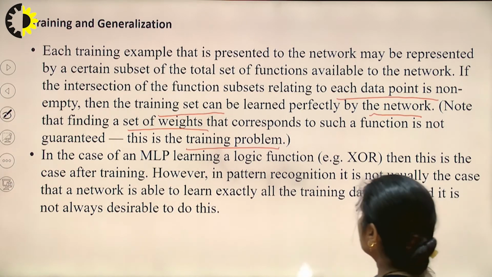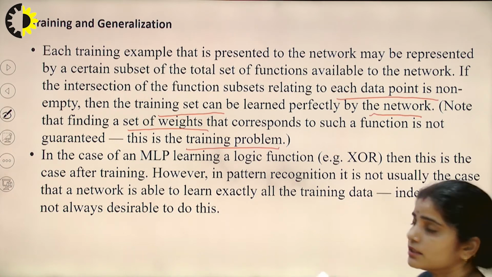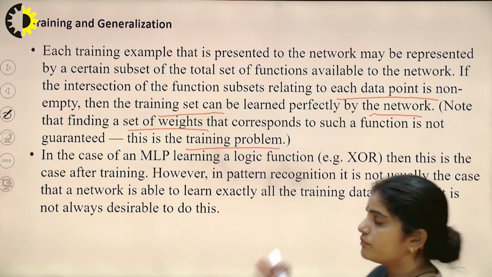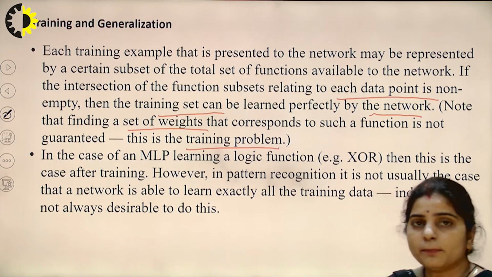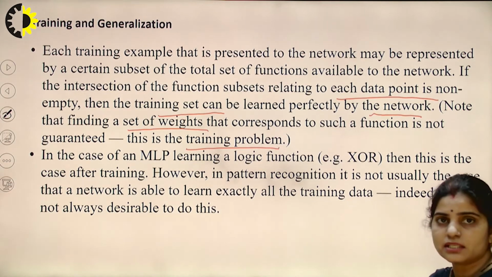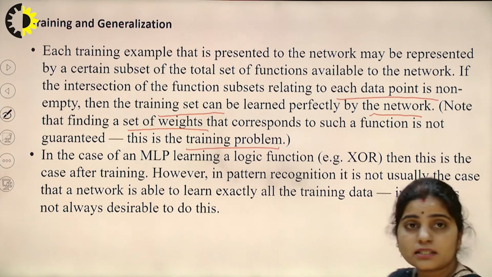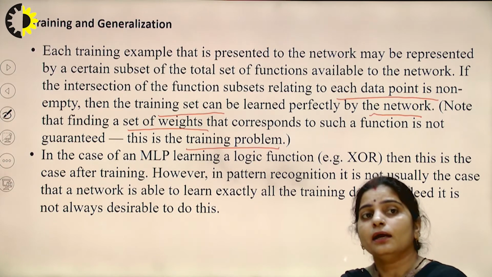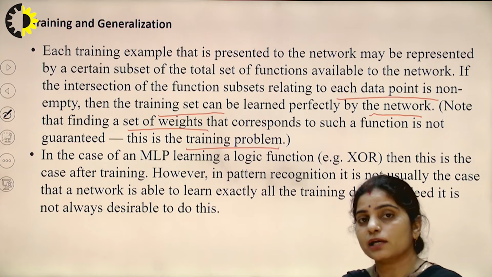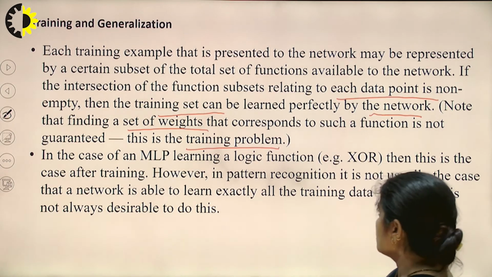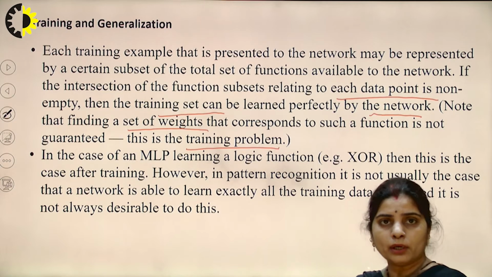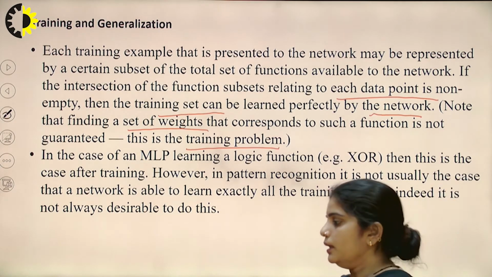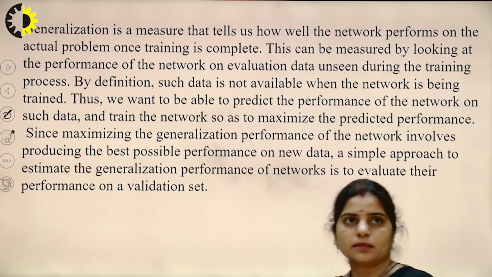In pattern recognition, it is not usually the case that a network can learn exactly all the training data. Indeed, it is not always desirable to do this. Learning the whole training data is usually not possible in a pattern recognition system.